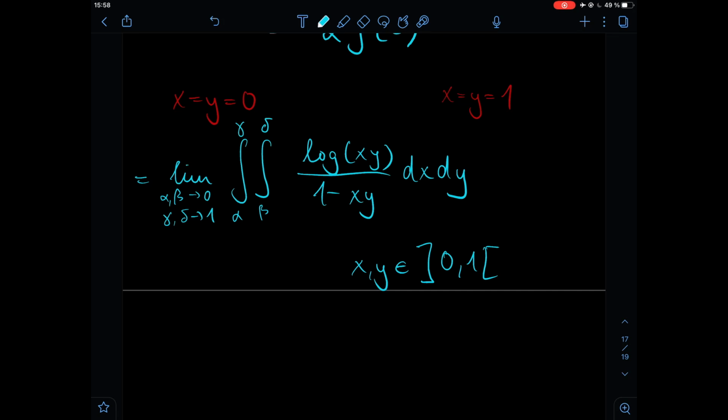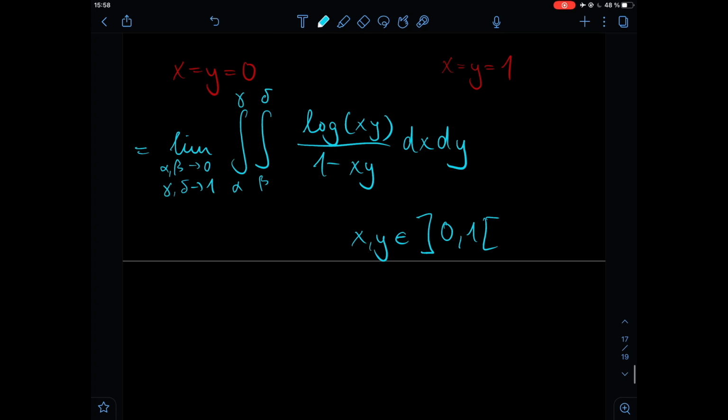Which already brings us to the next cool trick that we will apply to solve this integral, a trick that is very similar to a trick that I showed you in a previous video where I solved the Basel problem applying Tom Apostol's proof on it. He used a similar integral like this, and what he said is that 1 divided by 1 minus xy looks a lot like the solution of a geometric series.